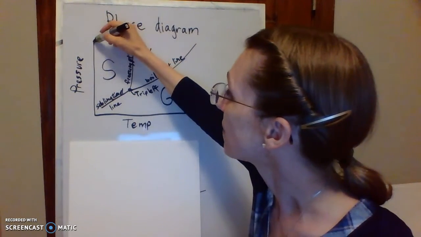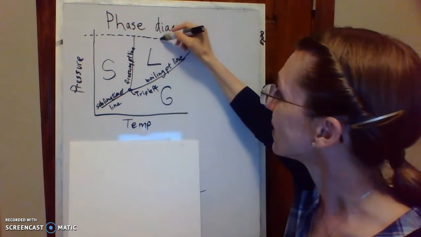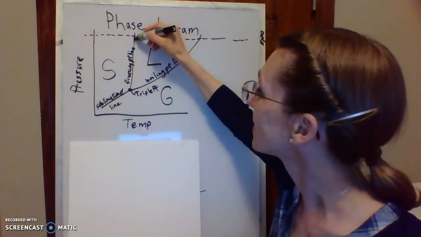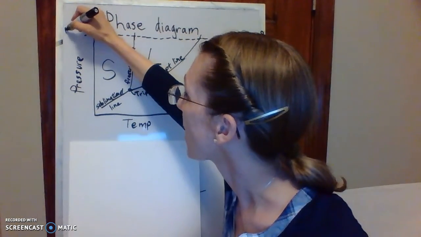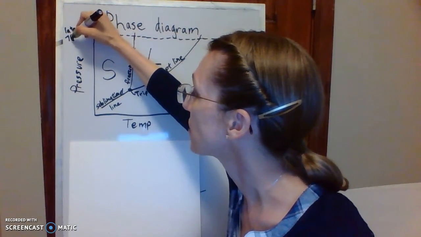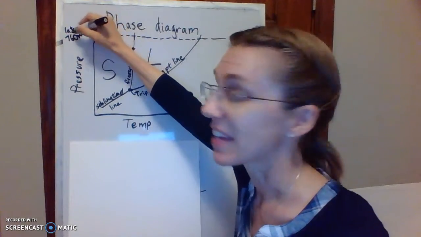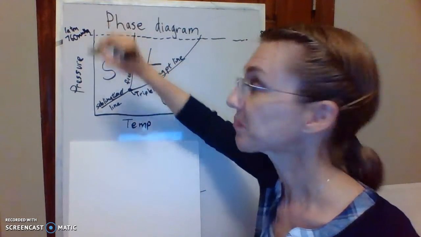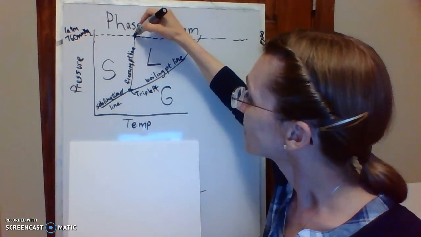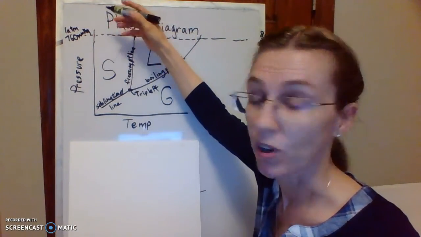Now there is a very special horizontal line on this, and that is at 1 atmosphere. Or if you're labeling it in millimeters of mercury, it'd be 760 millimeters of mercury. Remember, that is our standard pressure. So the freezing point at 1 atmosphere, we had a special name for.